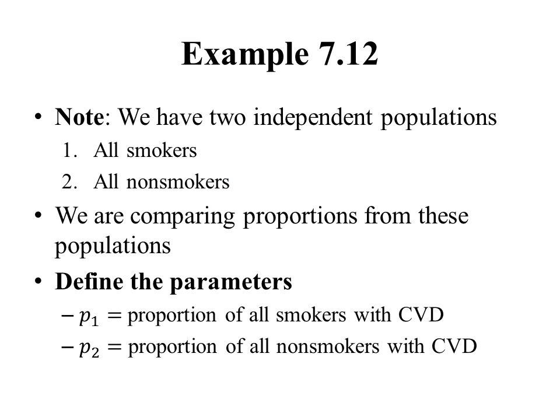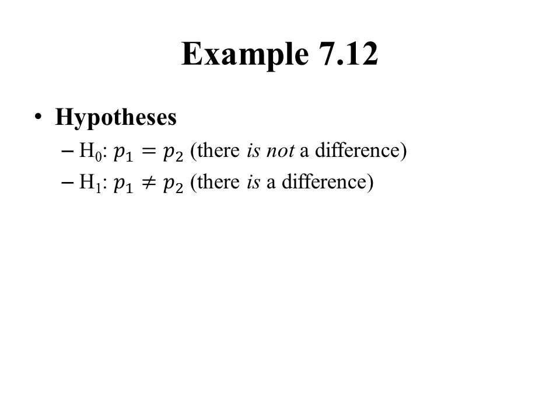So we're going to define two parameters, p1 and p2. These parameters are p because these are proportions. p1 is the proportion of all smokers with cardiovascular disease, and p2 is the proportion of all non-smokers with cardiovascular disease. So our hypotheses are: the null, as always, is the statement of no difference or no change.